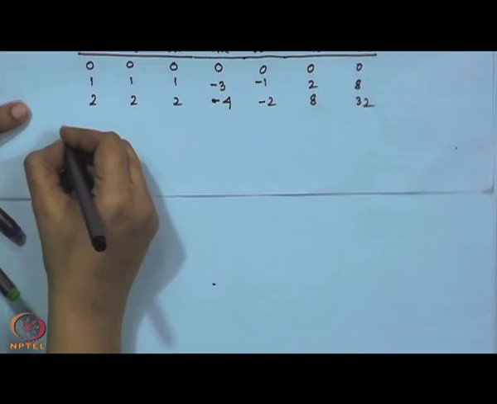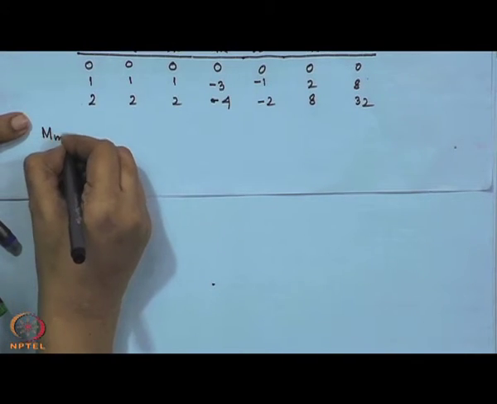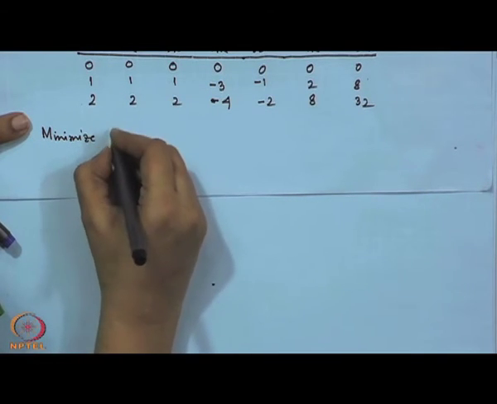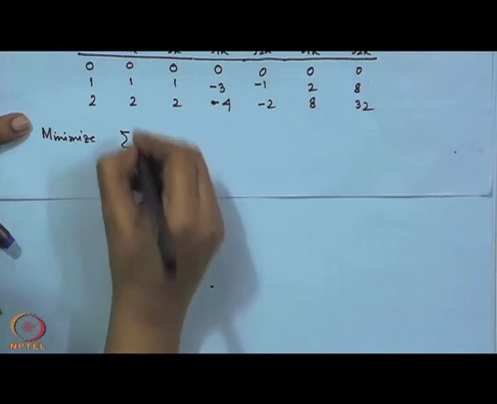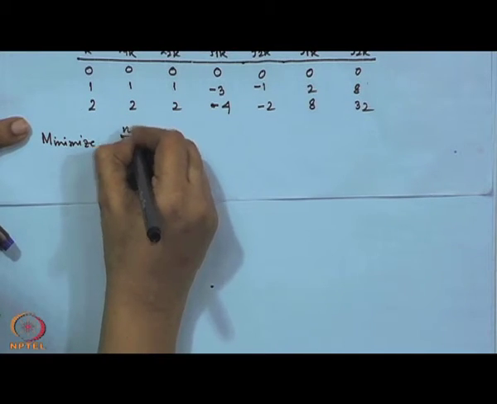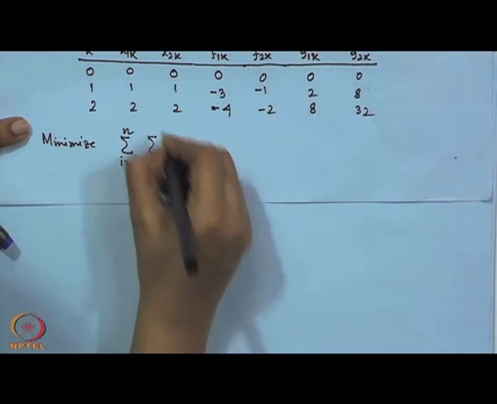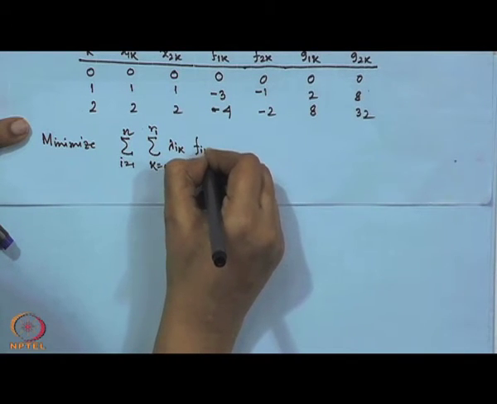The objective function is to minimize the form summation i equal to 1 to n, k equal to 0 to r_i, lambda ik fik.